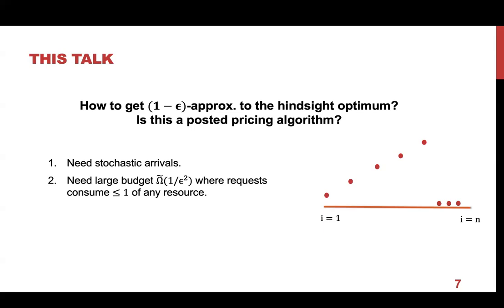So I'll assume that no request is going to consume more than 1 unit of any resource, and I have at least roughly 1 over epsilon squared copies. I'll formalize this again, but basically under these two assumptions, some kind of stochastic arrival and some kind of large budget assumption, you can hope to get a 1 minus epsilon approximation.